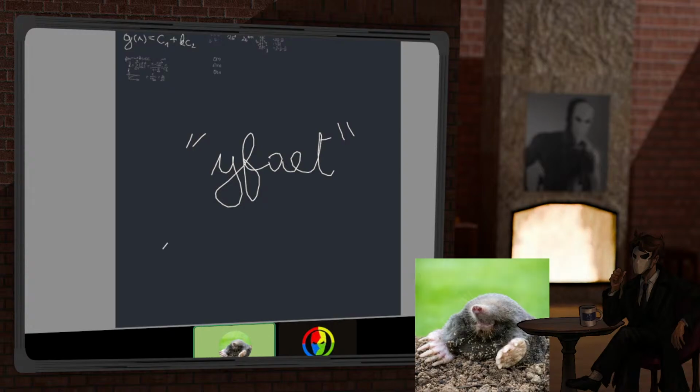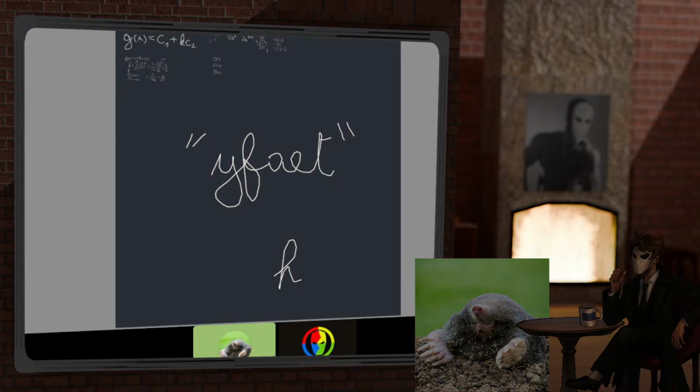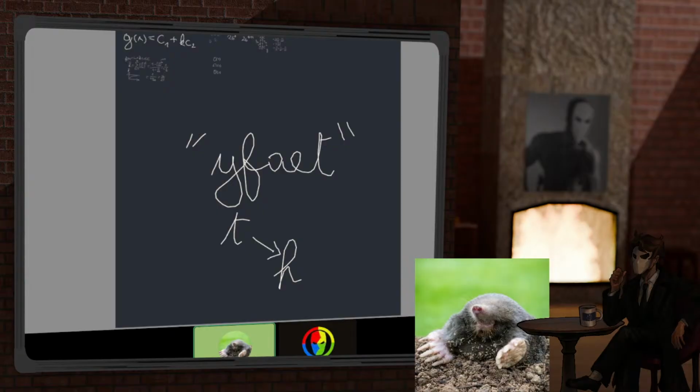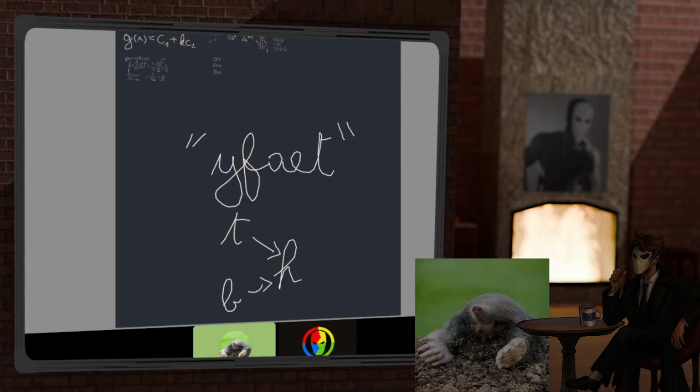Also, another problem, if we are considering the probability of seeing an H, it is probably more likely after a T than it is after a B. So it's not just that the probabilities aren't equal for all letters, it's that each letter is not independent from another.